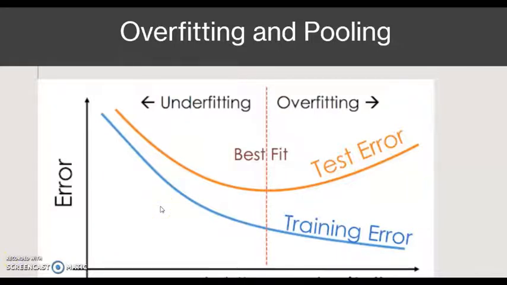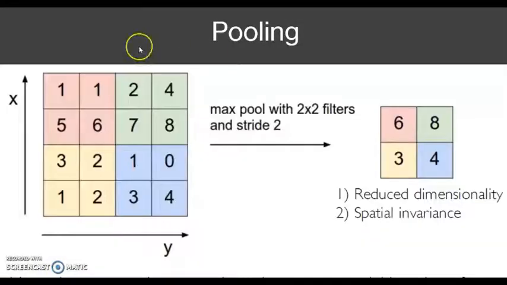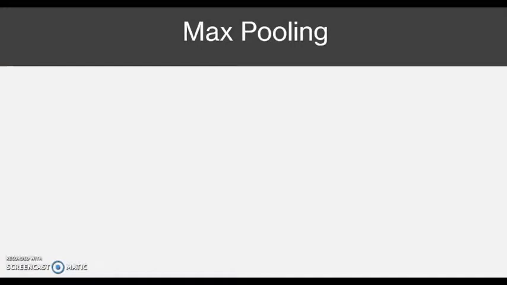So for this step we take the feature map, which is this here, and then we apply the pooling, and the result is a pooled feature map, which is reduced in dimensionality and at the same time preserves the spatial invariance. The most common example of pooling is called max pooling.